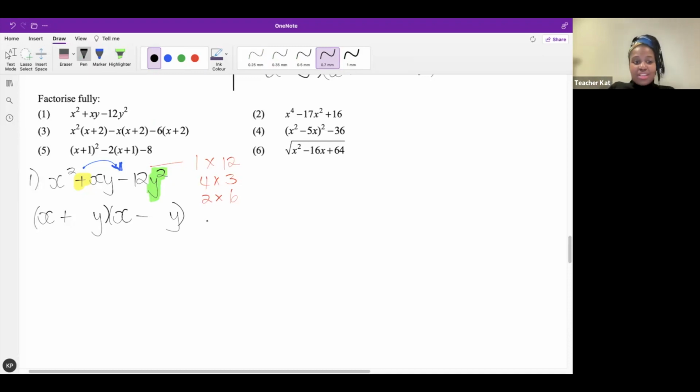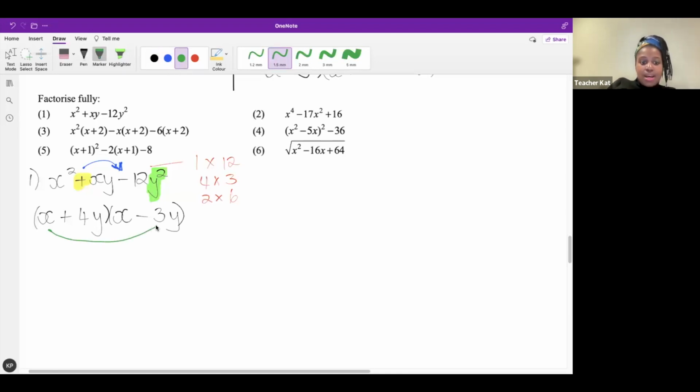And what two factors are going to give me a positive xy? 4 and minus 3. So then I have a positive 4 and a negative 3. Now, if you don't believe me, we can do outer and inner.